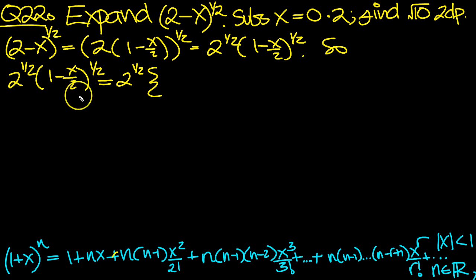times the expansion of this bracket here using the binomial theorem, with input n being a half, input x being minus x over 2.